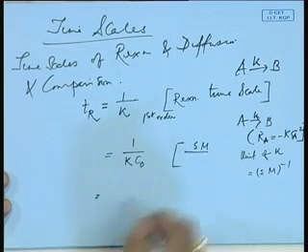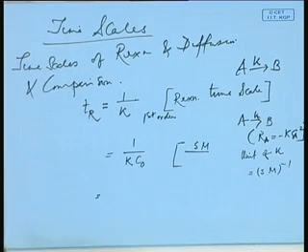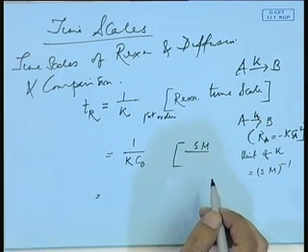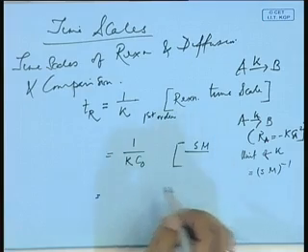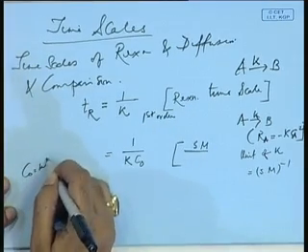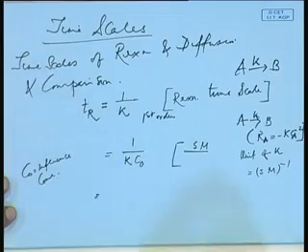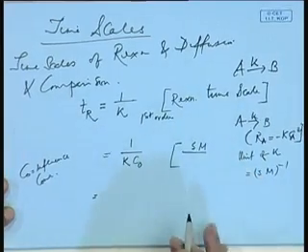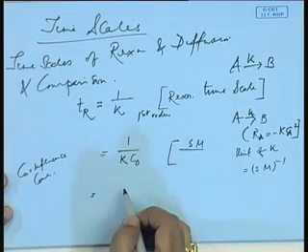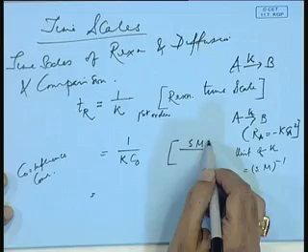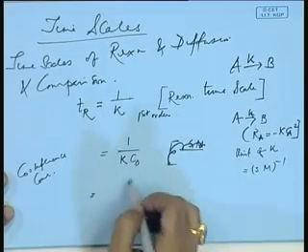So, you put a K C naught. What is C naught? It is some reference concentration, could be the initial concentration typically. Again, this is the unit of time.